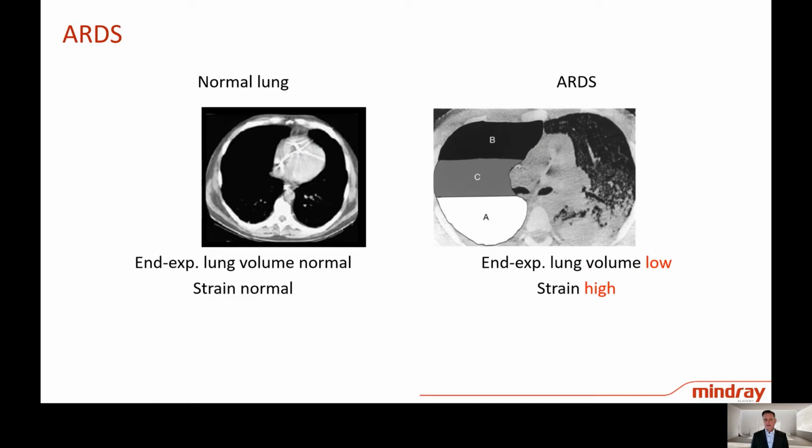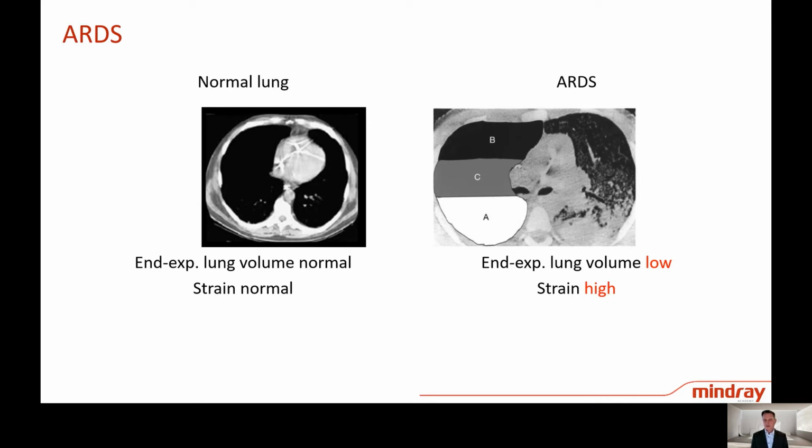ARDS. On the left-hand side, we can see a normal lung. The end expiratory lung volume in normal lungs appears to be normal, and the strain during mechanical ventilation is normal. On the right-hand side, we have a typical ARDS lung, where we have huge differences between the dependent and non-dependent parts of the lung.